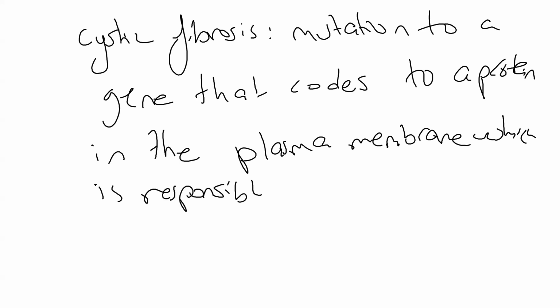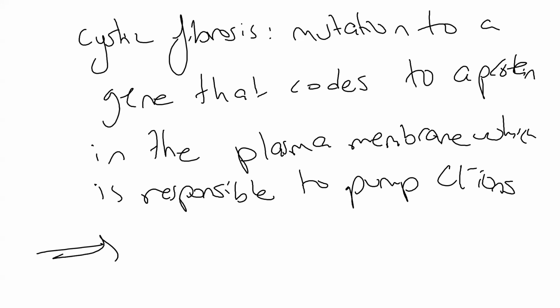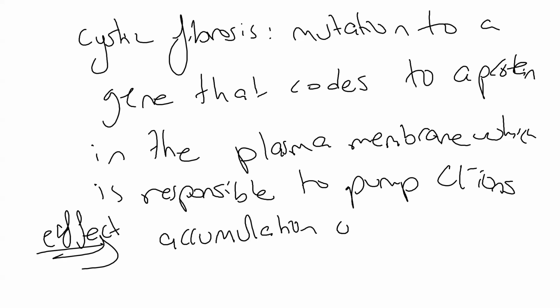for pumping Cl minus ions. An effect of this mutation is an accumulation of mucus, and when this accumulation of mucus happens, cystic fibrosis will happen.